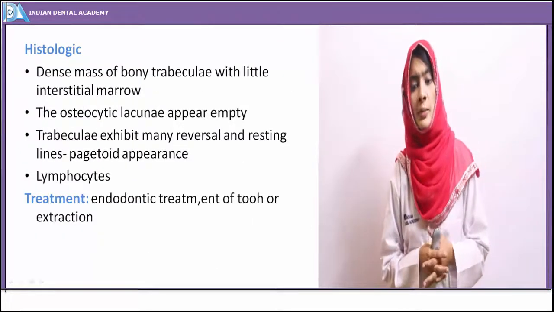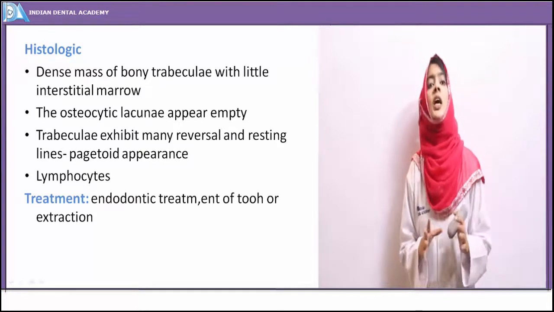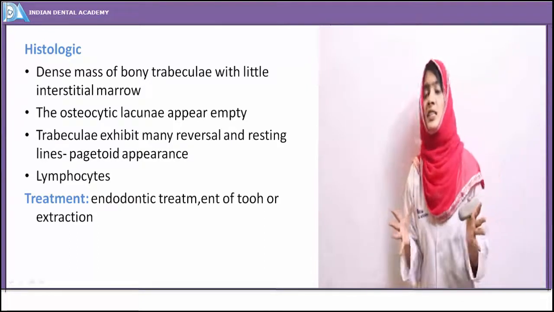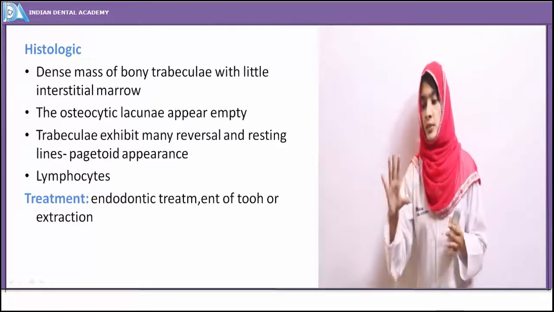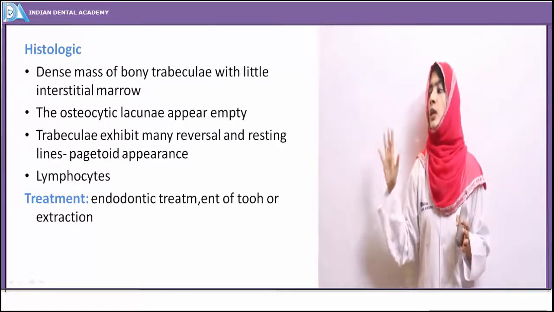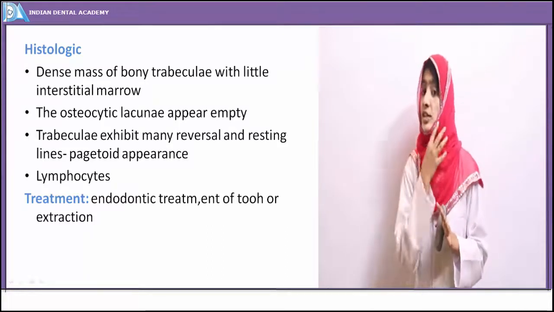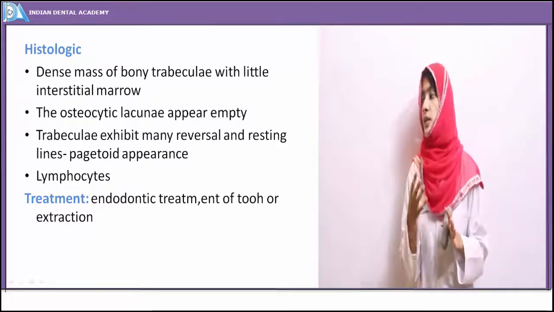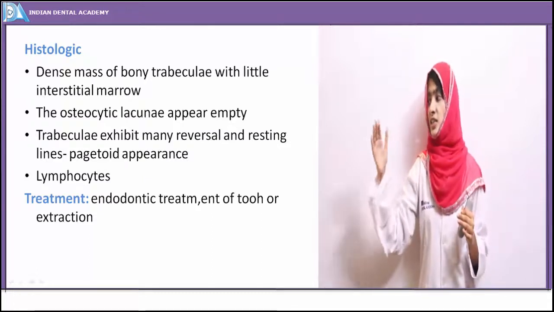Okay, when you see the microscopic picture of chronic focal sclerosing osteomyelitis, the radiopaque mass is present. It essentially consists of osteoblast deposition, and the adjacent bony trabeculae show the appearance of osteolytic activity. Osteocytic lacunae appear relatively empty, and the trabeculae exhibit many reversal and resting lines.